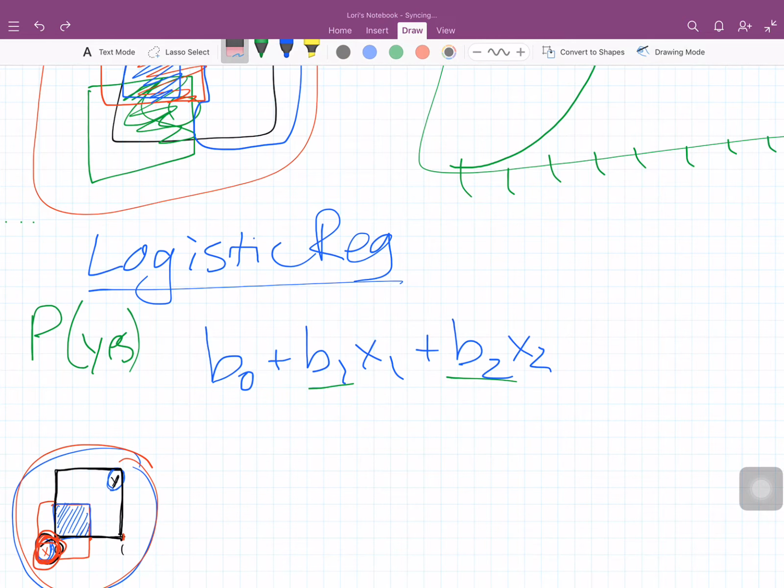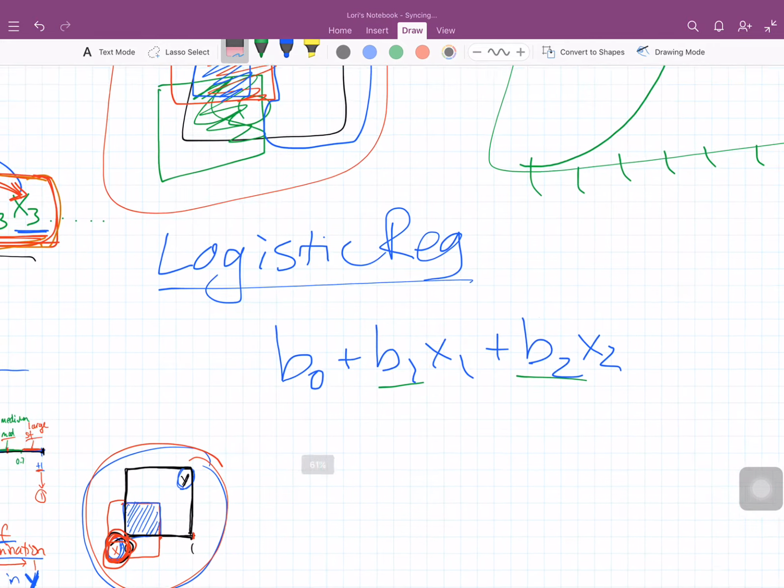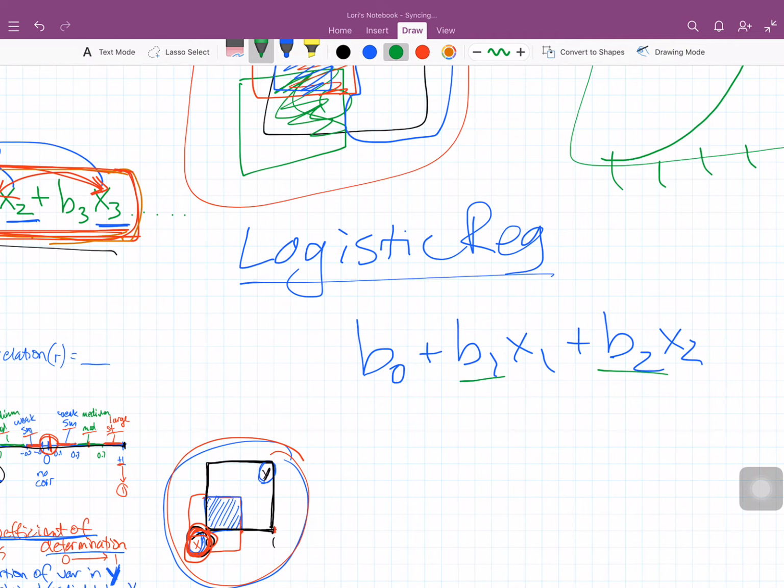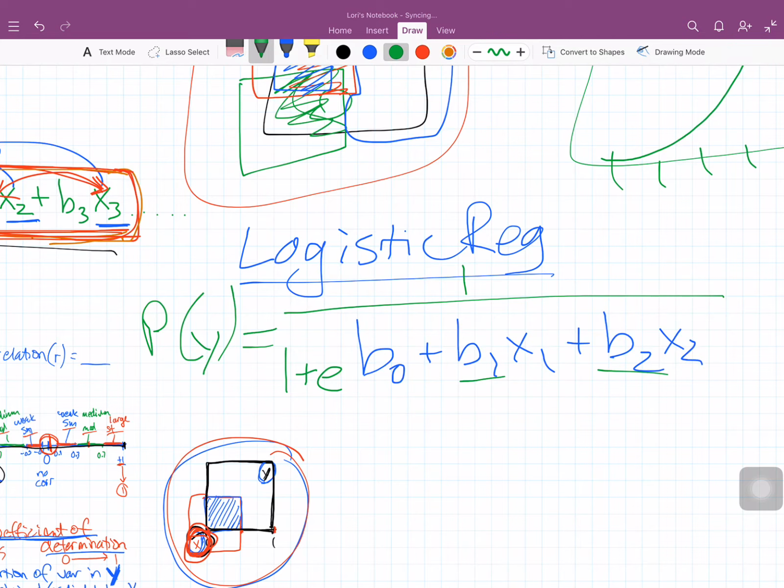So I'm going to say the probability of a yes is equal to 1 divided by 1 plus e to the negative of whatever that equation is.